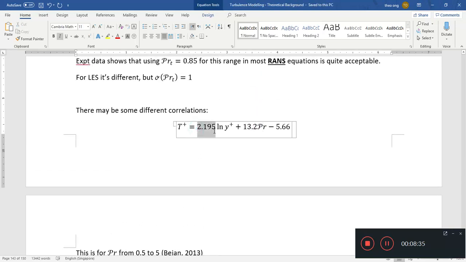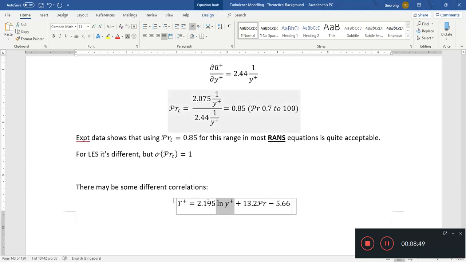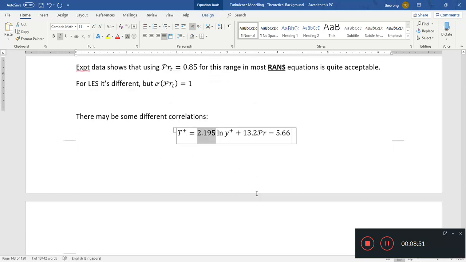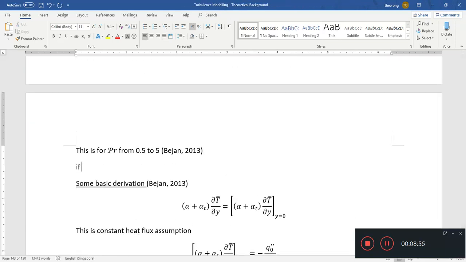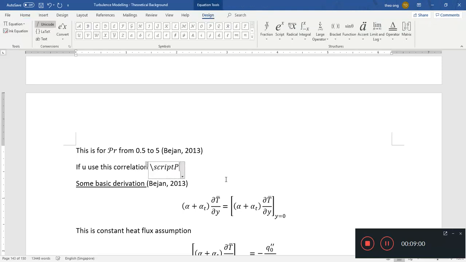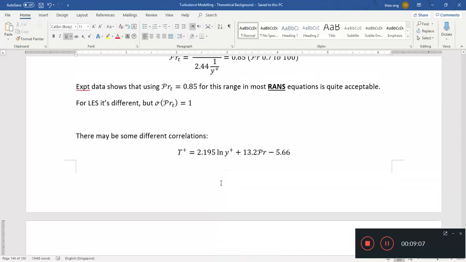But when you differentiate this with respect to y, and you have a constant Prandtl number throughout your fluid, this term disappears anyhow, so it doesn't really matter. So you just have the 2.151 over y, and you just divide throughout, and then you'll get something closer to 0.9. If you use this correlation, the turbulent Prandtl number would approach 0.9.